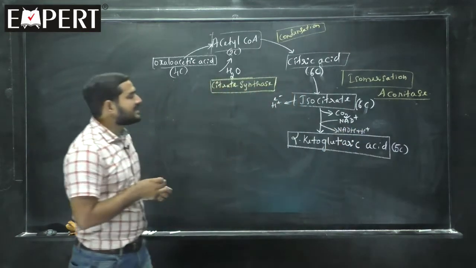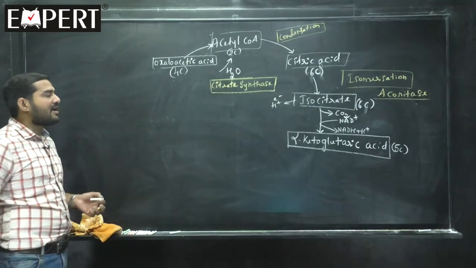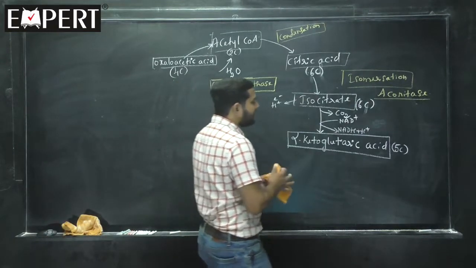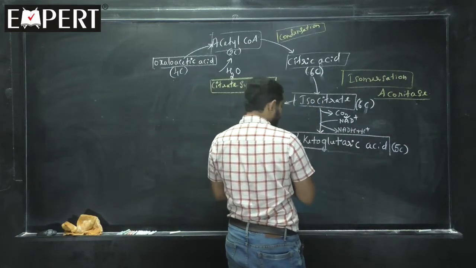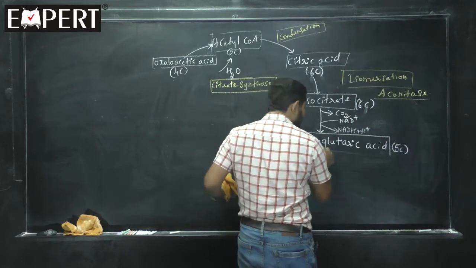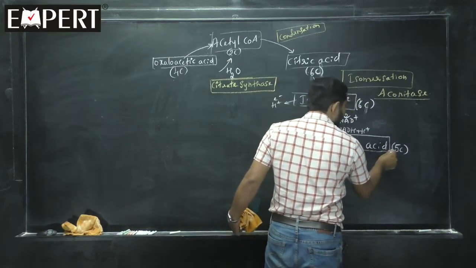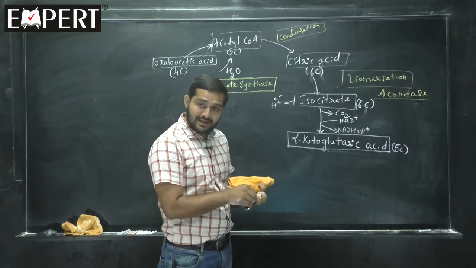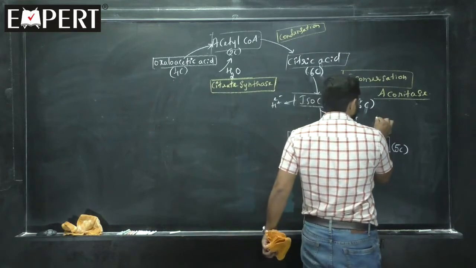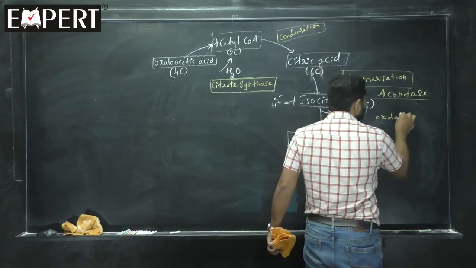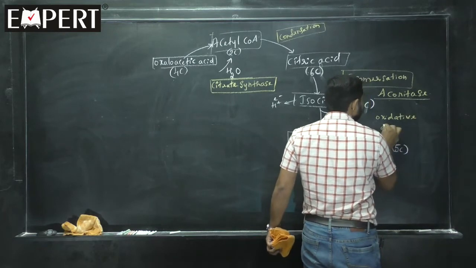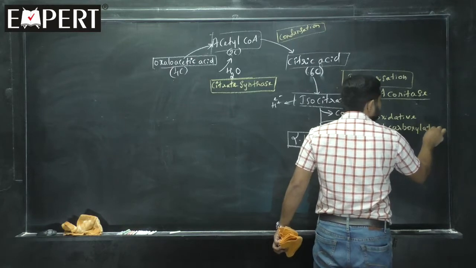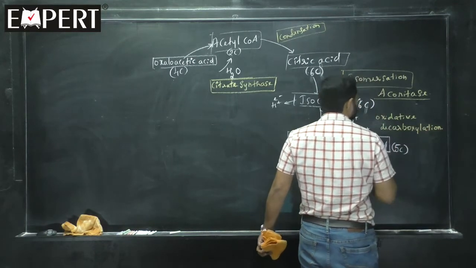So for this isocitrate to alpha ketoglutaric acid step, since there is a removal of carbon dioxide and also the formation of NADH, how can I call this step? Please tell me. This step can be called oxidative decarboxylation only. Yes, it is the event called oxidative decarboxylation. Remember that.